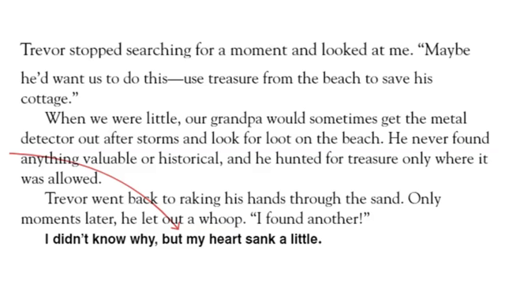When we were little, our grandpa would sometimes get the metal detector out after storms and look for loot on the beach. He never found anything valuable or historical, and he hunted for treasure only where it was allowed. Trevor went back to raking his hands through the sand. Only moments later, he let out a whoop. I found another! I didn't know why, but my heart sank a little.